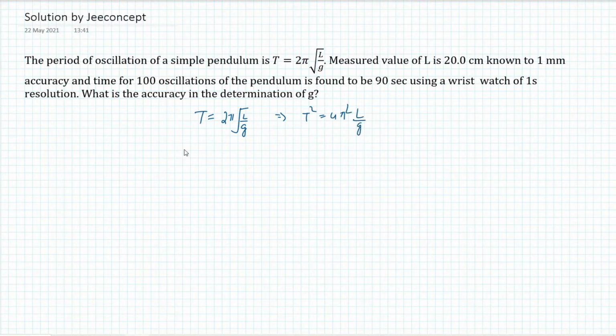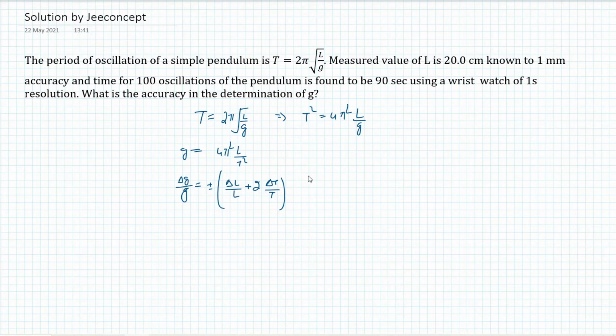Now taking g at the left hand side, it is going to be 4 pi square L by T square. Now I have to calculate delta g by g. So this will become plus minus delta L by L plus 2 times delta T by T.